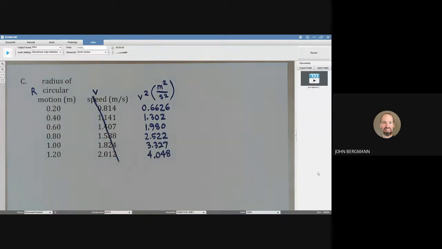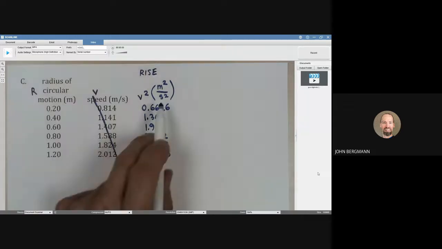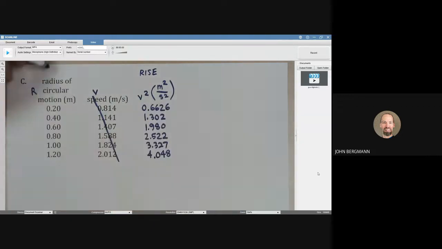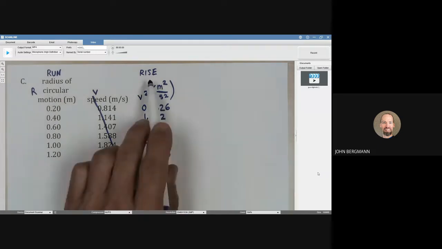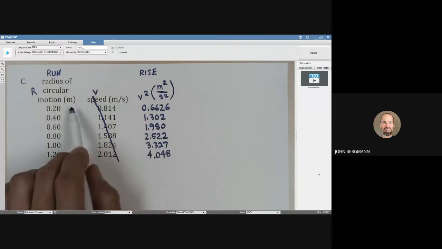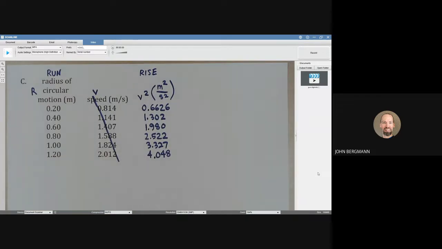Well, with a little thought, you'll see that what we want as our rise values is that unit divided by the run values. Slope is rise over run. And if we take that unit and divide by that one, we're going to get the unit meters per second squared, which hopefully is a unit you recognize as acceleration. So that's the best way to proceed here.